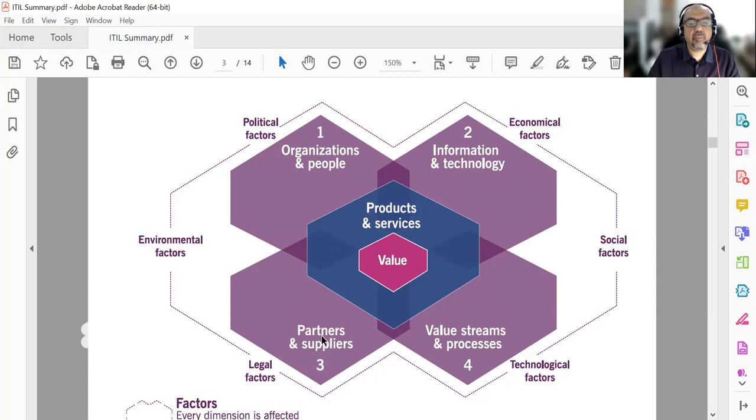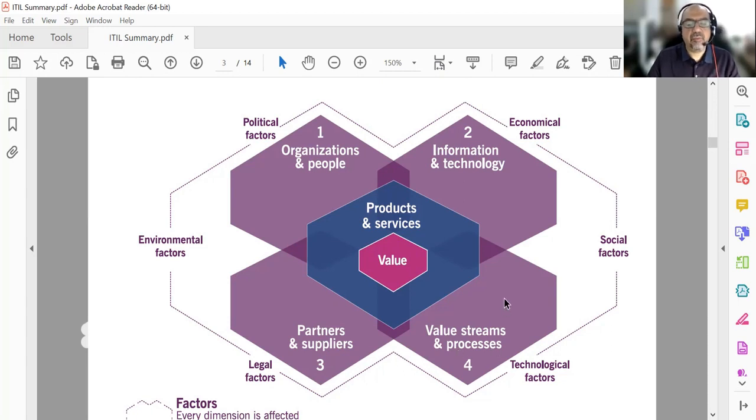So we have partners and suppliers. We need to have agreements with them. We will monitor their performance. We have a relationship with them. We have supplier management practices, service level agreements, service level management, contracts, performance monitoring and controlling, many things.